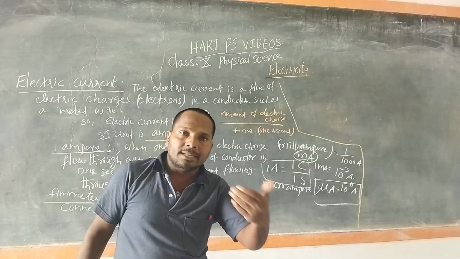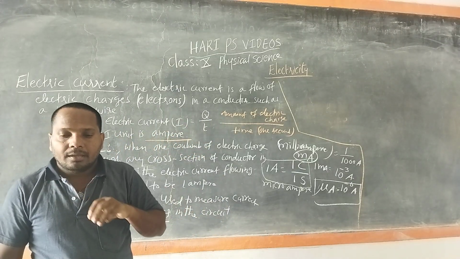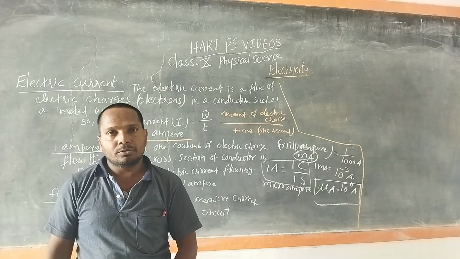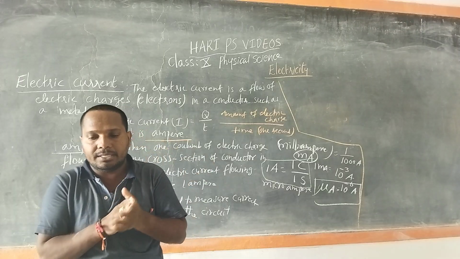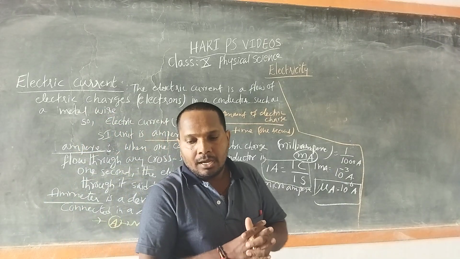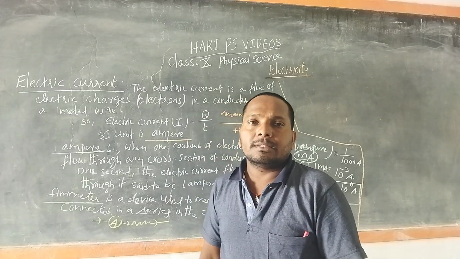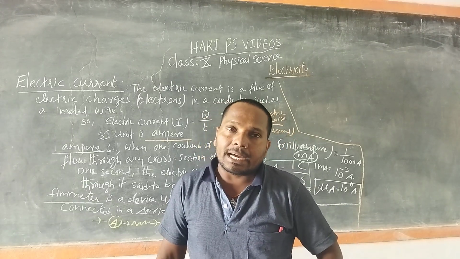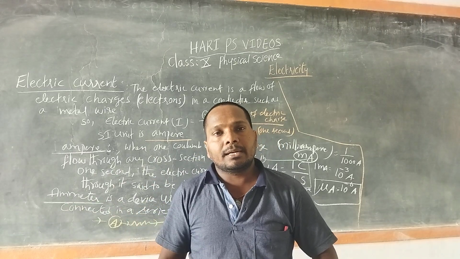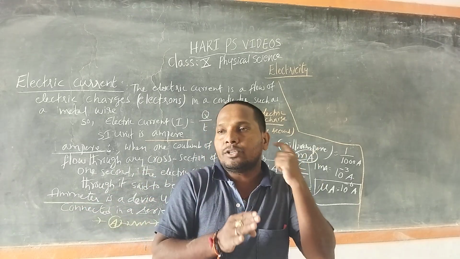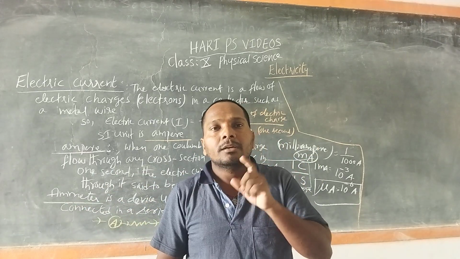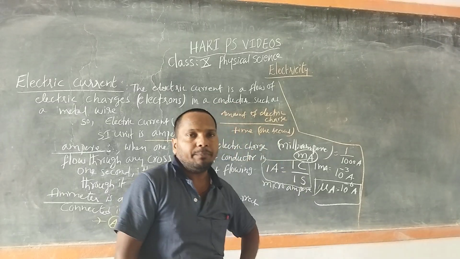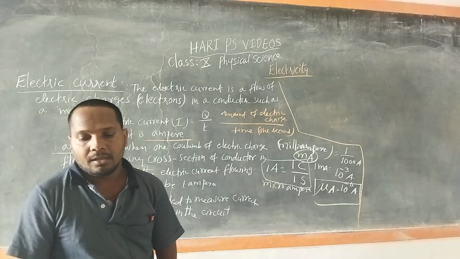As we just discussed, due to the potential difference between two points in a conductor, electric current flows from one end to the other end.